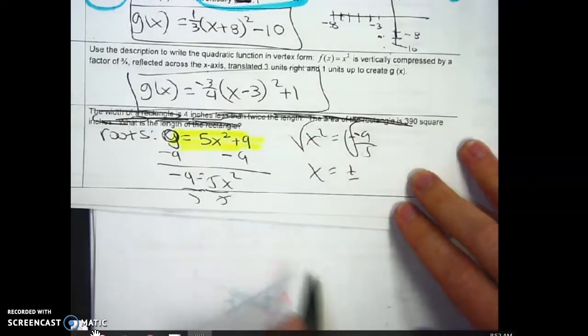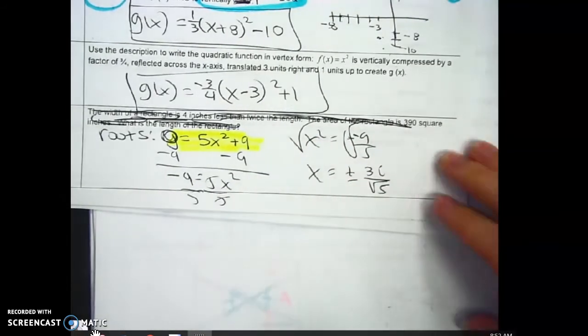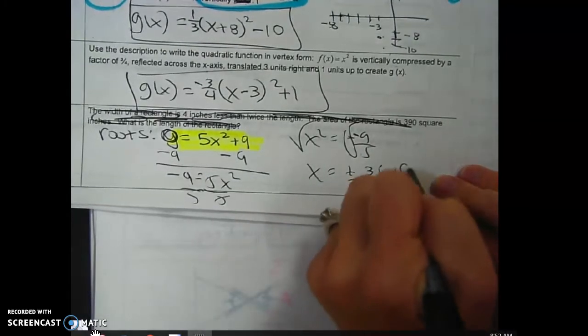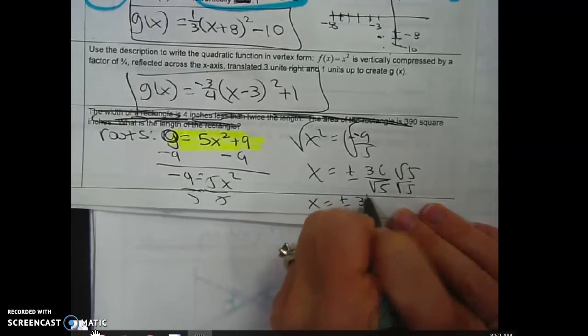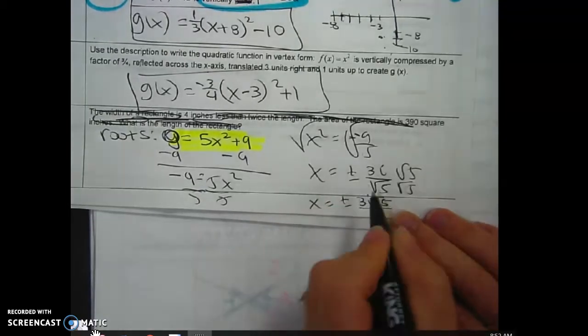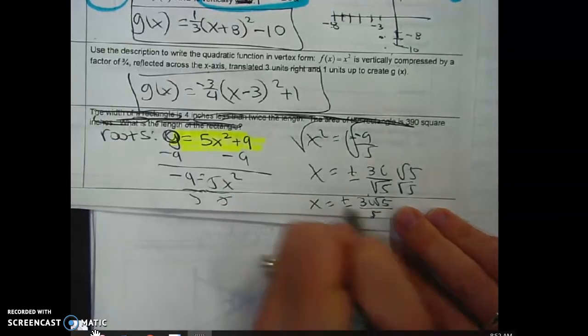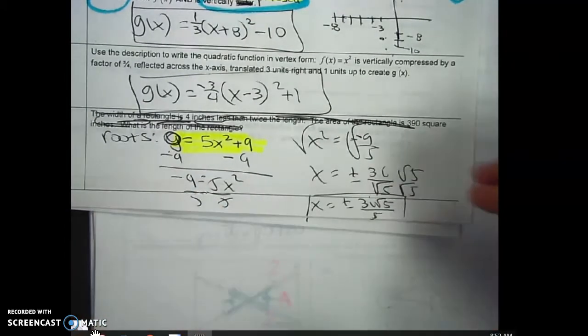Because it's -9, it's 3i over rad 5. But I think you know you can't have a radical in the denominator. X equals plus or minus 3i rad 5 over square root of 5 times square root of 5, square root of 25, which is 5. Okay. So when it says find the roots, just set it equal to 0.